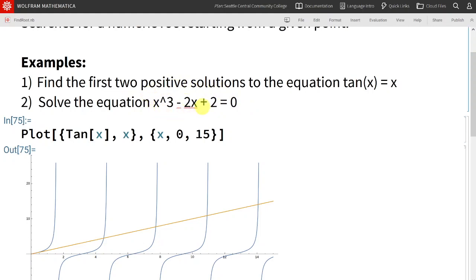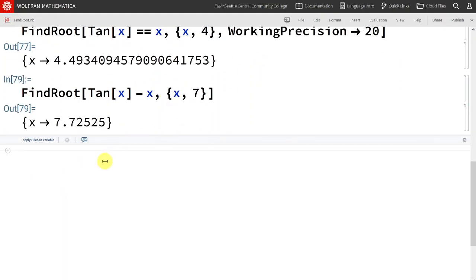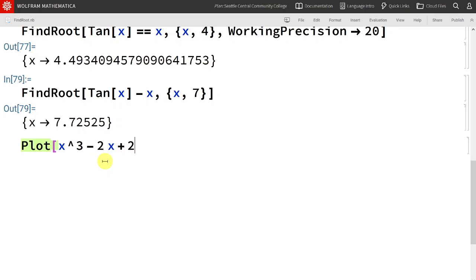First, let's plot this polynomial to understand where its solutions are. Plot x cubed minus 2x plus 2. And we'll graph it from -3 to 3, -5 to 5.